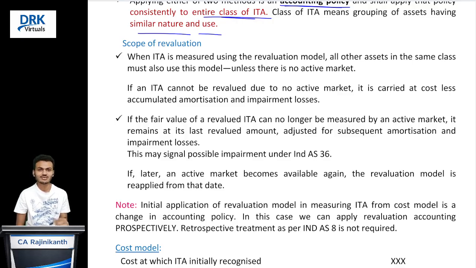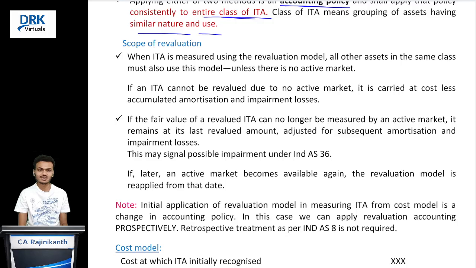Suppose we are having three softwares, software A, software B, software C. These all have a similar nature and usage, correct? So in this case, you should apply either the cost model or the revaluation model. Only one model you should apply.